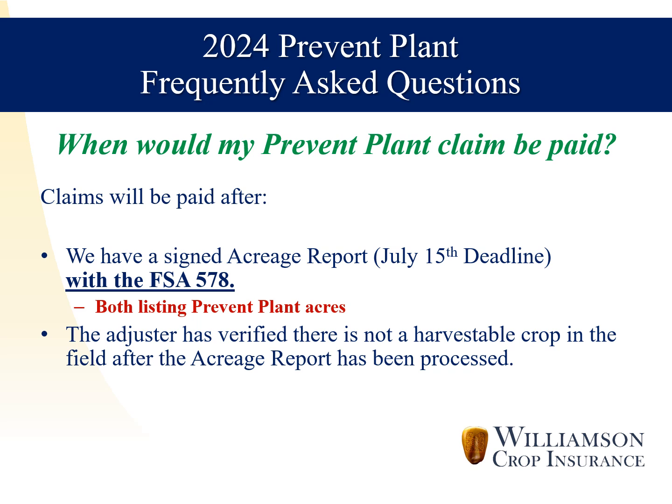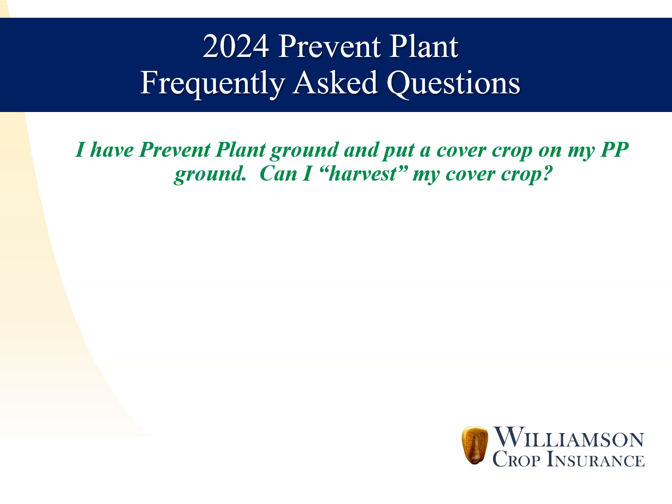If you do, you run into some scenarios that definitely jeopardize your prevent plant claim. It's going to be after they've verified that and we have everything keyed into our system that it can be paid. So late August at the very earliest. It's probably going to be even later than that.